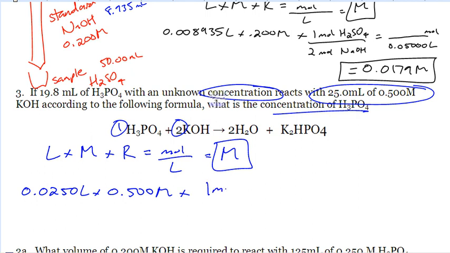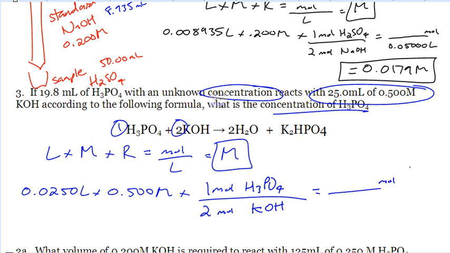So 1 mole H3PO4 over 2 moles KOH gives us some number divided by 19.8 milliliters. Sorry, that needs to be in liters.